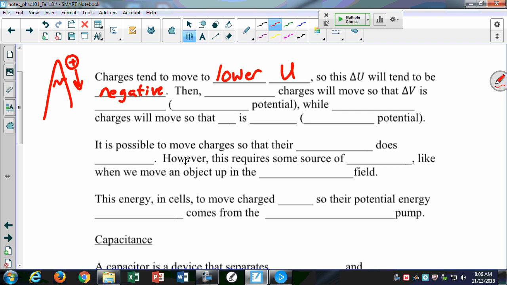Then positive charges will move so that delta V is negative. That's a decreasing potential. I'll explain this in terms of the mountain here in just a second. While negative charges tend to move so that delta V is increasing.